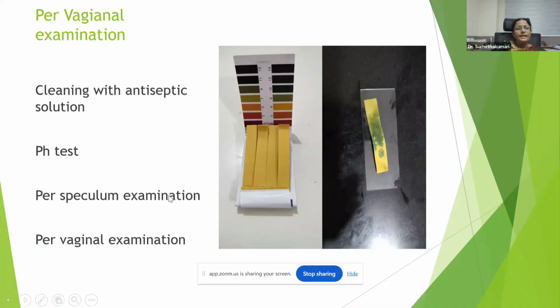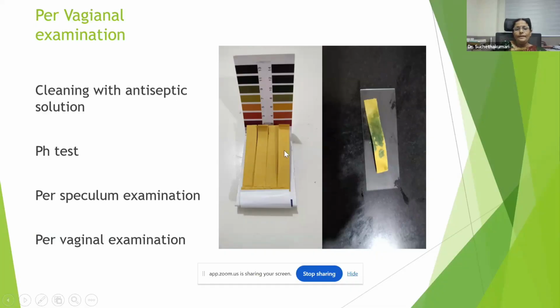Here the prerequisites for the per vaginal examination are, first of all, we have to take the aseptic precautions. This can be done by cleaning the external genital organs with antiseptic solution and checking the pH of the vagina. Here we have the pH strips. These are the strips.